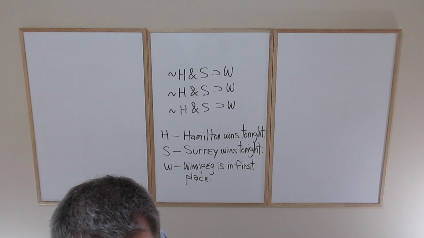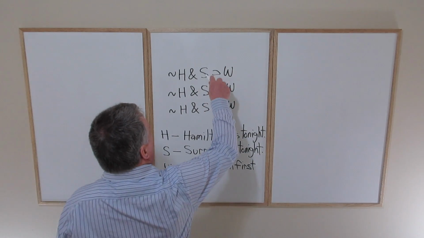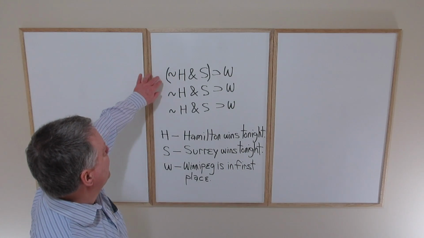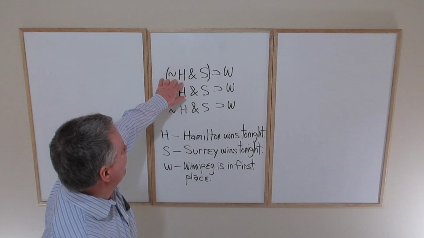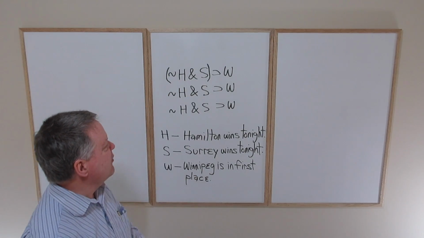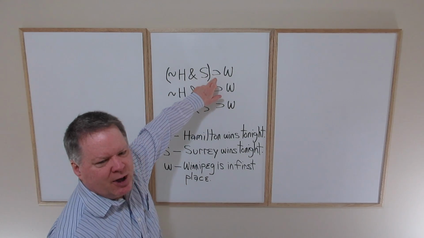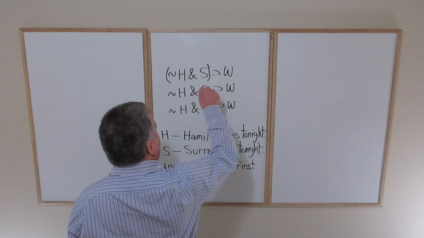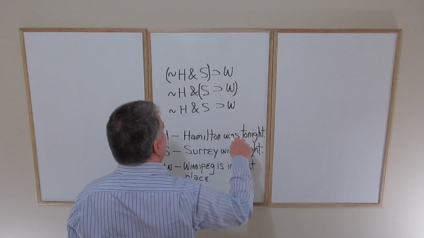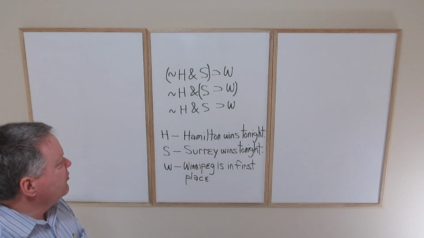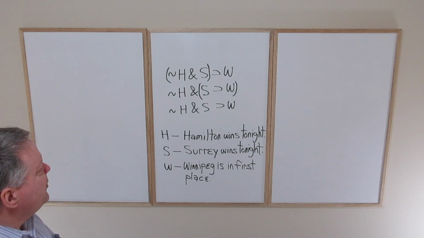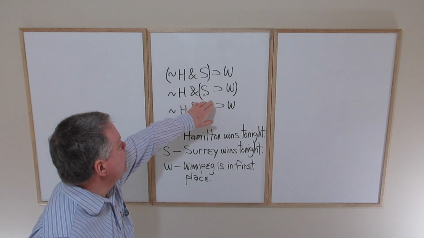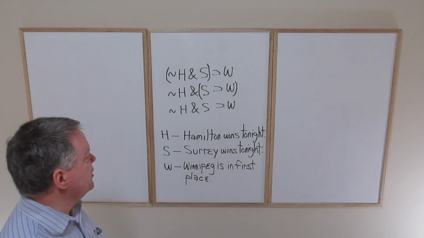I'm just taking this right off the table. If we put brackets around these 2 sentences, tilde H and S, then this would become a conditional. On the other hand, if we put brackets around those 2 sentences, this would become a conjunction of a negation and a conditional.